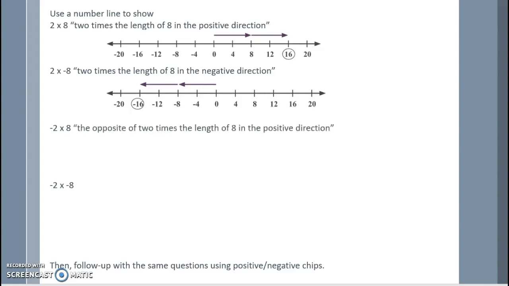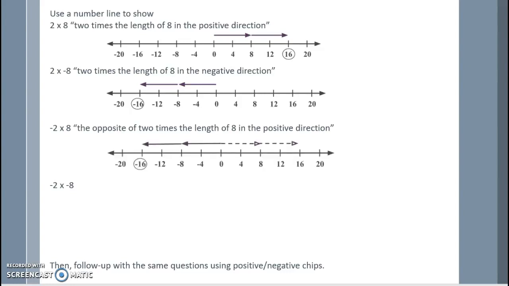Negative 2 times 8, the opposite of 2 times the length of 8 in the positive direction. So we originally would think that this would be 2 copies of 8 in the positive direction, but then that negative part comes, and that means we have to swing it to the opposite direction. So negative 16.